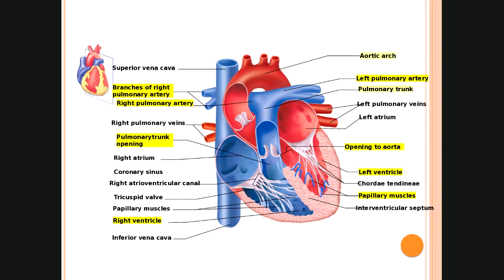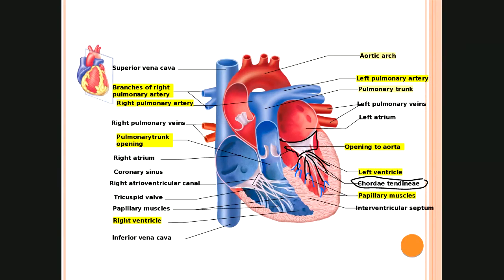Notice that the papillary muscles are attached to these cord-like structures right there. They are called the chordae tendineae. The chordae tendineae in turn are attached to a valve that can open and close between atrium and ventricles.